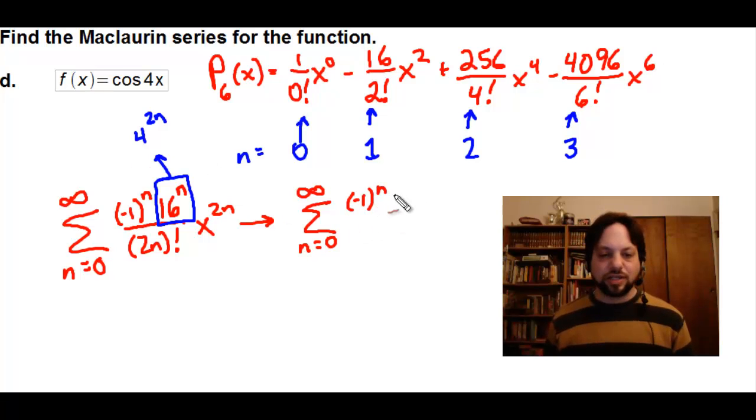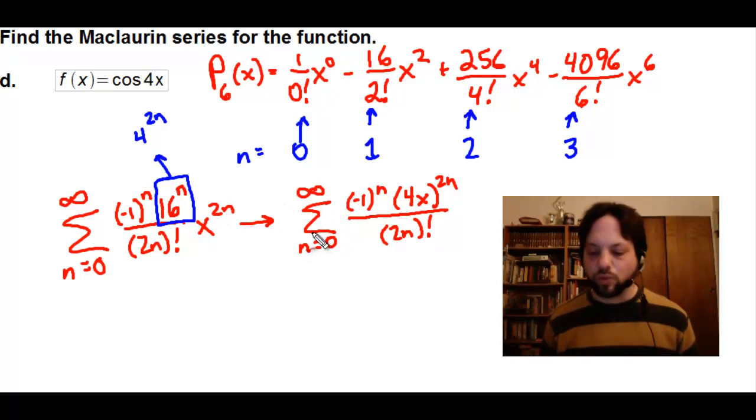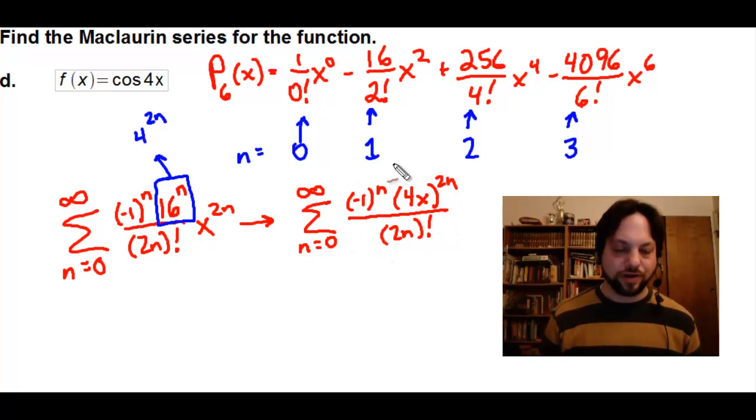So instead of 4 to the 2n and x to the 2n, let's call it quantity 4x to the 2n power. And then, of course, we still have the 2n factorial in the denominator. Either one of these two variants will work, although this one right here might show up more often.